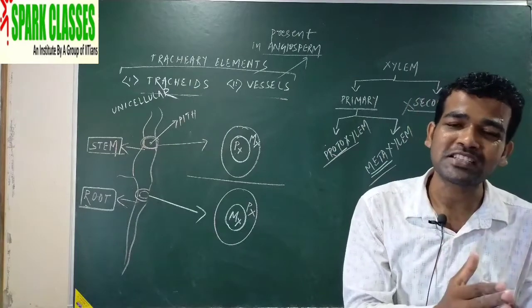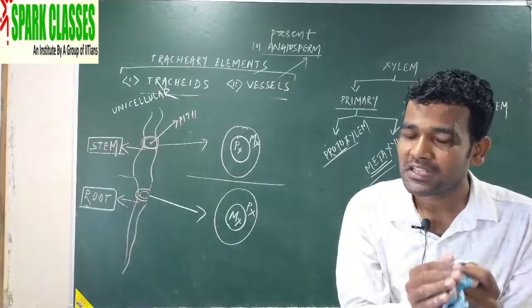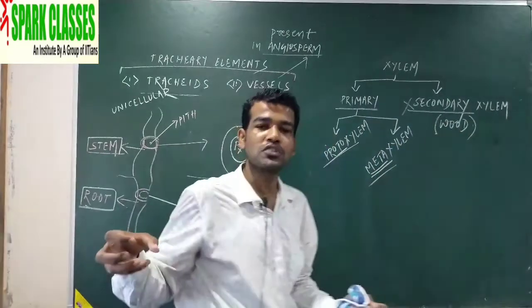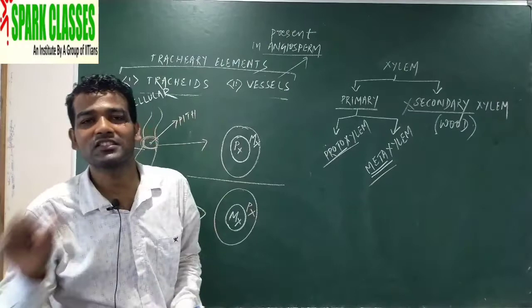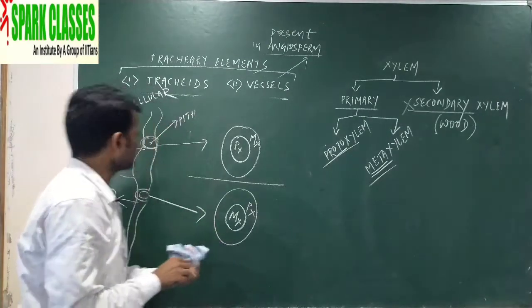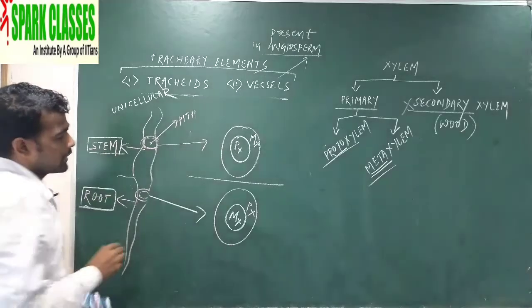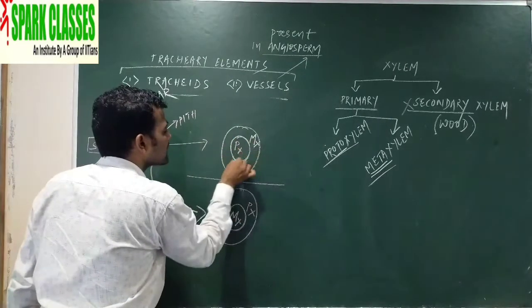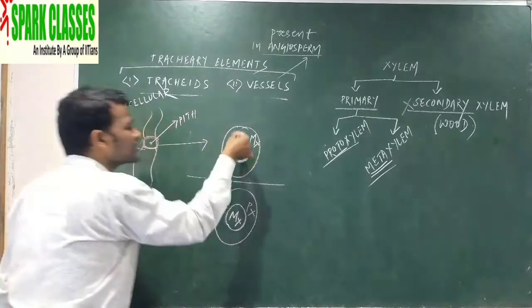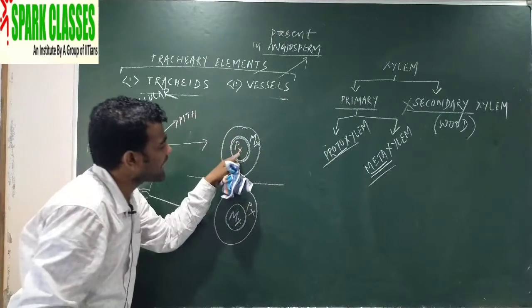When osmosis takes place and water enters inside the cell, that is called endosmosis. And when water comes out of the cell, that is called exosmosis. So similarly here the endo and exo words are used. In case of stem, the protoxylem is at the center, present inside the metaxylem.